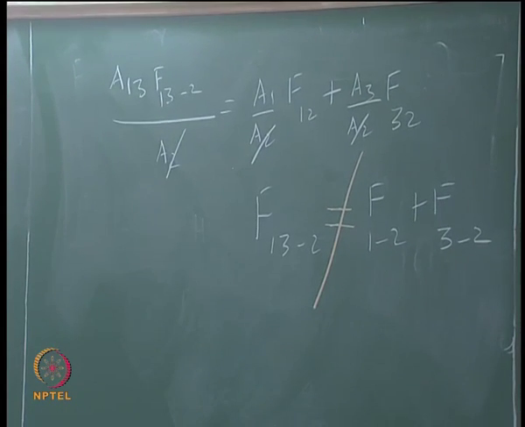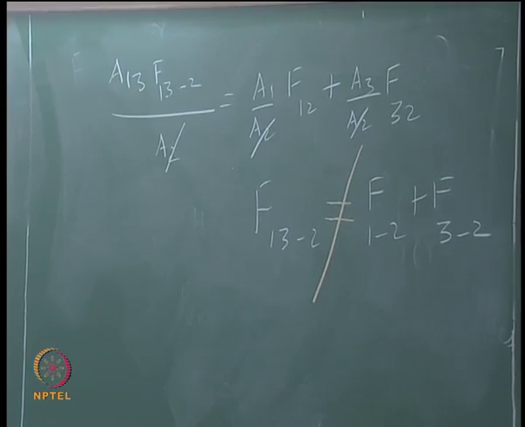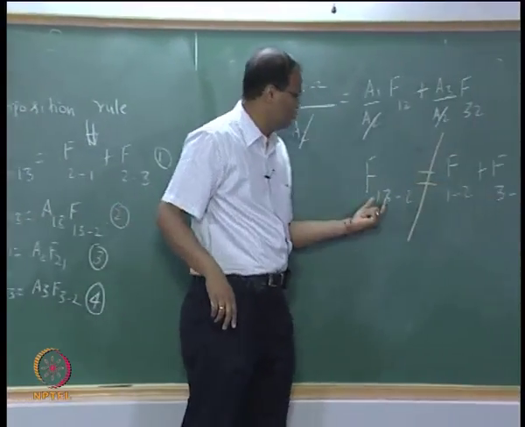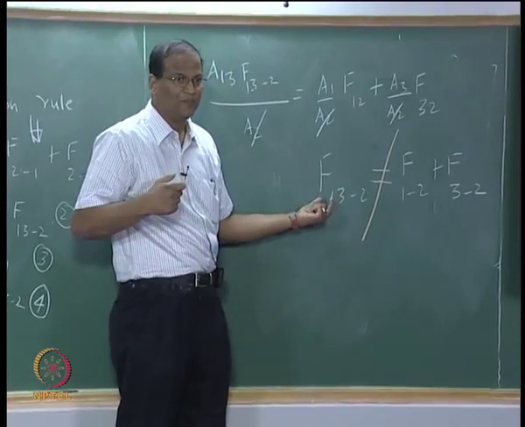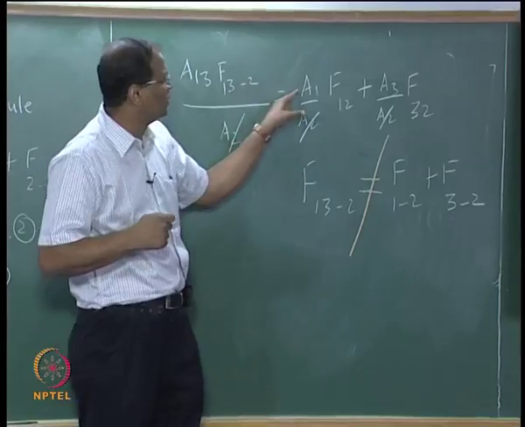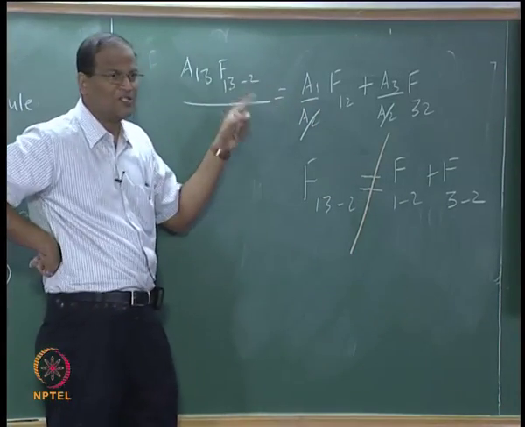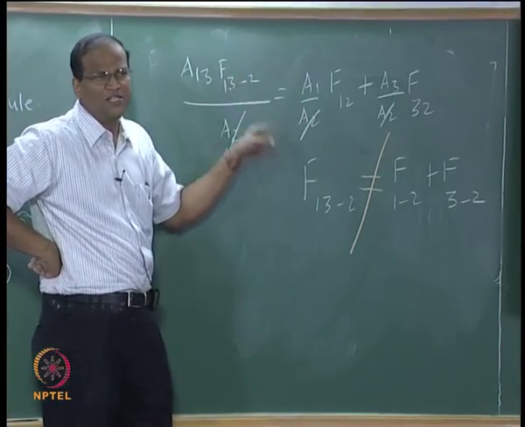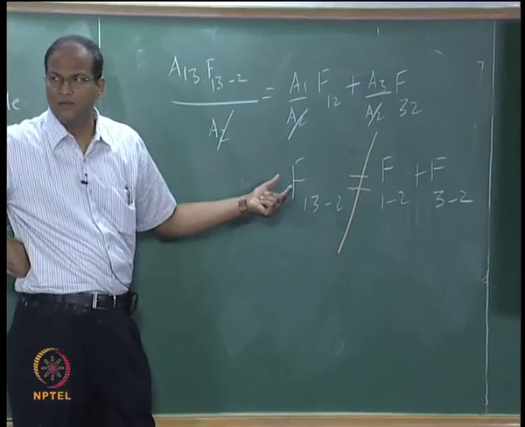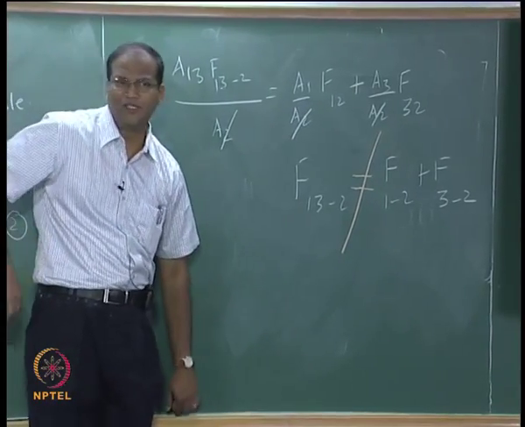Here it is valid because it is originating from one surface to the remaining two surfaces, but if it is from 1 to 3 you cannot break it because 1 3 has got one area, okay. Are you getting the point? So A1 F1 to 32 is equal to A1 F12 plus A1 F13. If you still want to use the decomposition rule it should be used like this, because this comes from basic energy balance, thermodynamics cannot be violated. When you are using the decomposition rule you have to be careful.